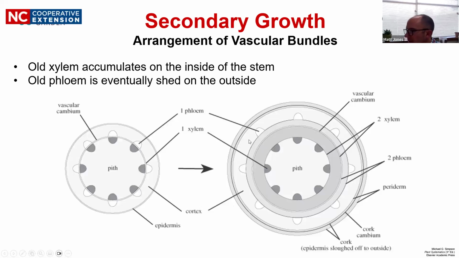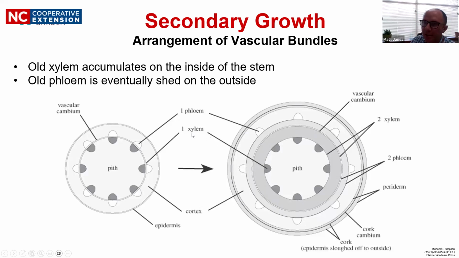And in the case of the phloem, because the stem is growing in girth, whatever is on the outside is going to be ruptured and shed. So as the stem matures, you're going to get a thin layer of phloem cells, a very thin layer of vascular cambium, and a thick layer of xylem.